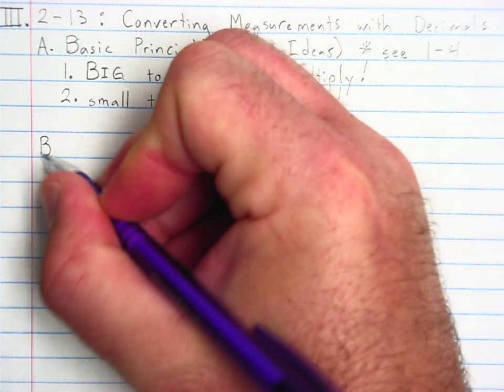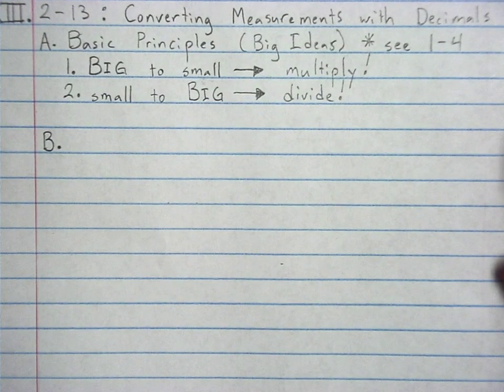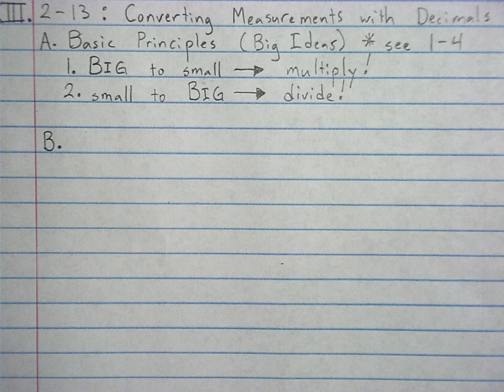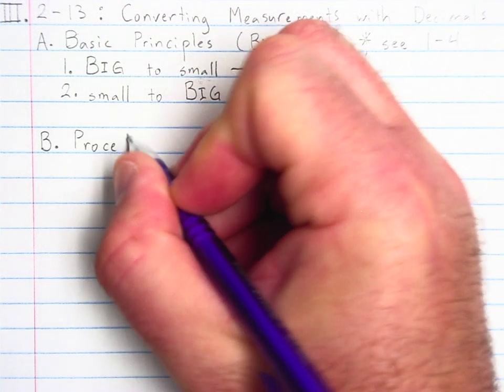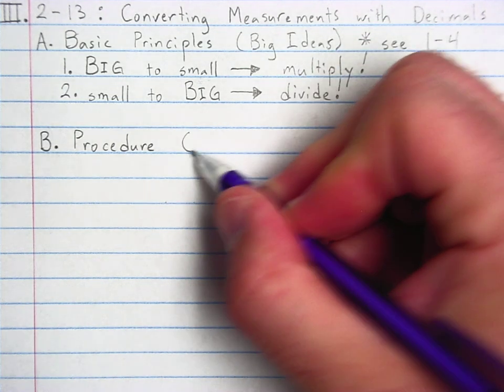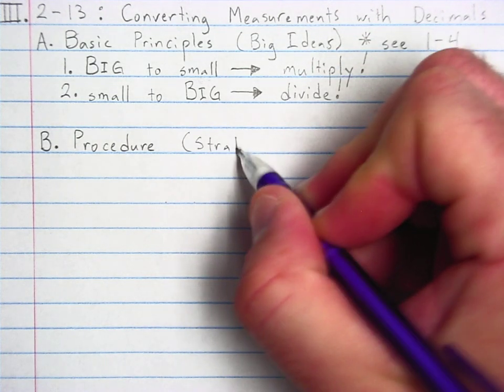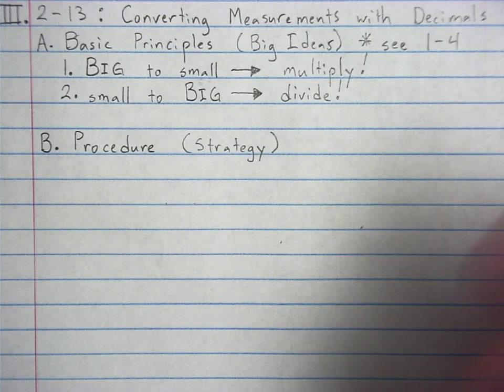Now, again, there's a little more information I gave you in lesson 1-4, but we're not going to go through that right now. Review that lesson if you need to. Always have your notes so you can look back. Okay. In the next section, let me show you a procedure, a new strategy maybe, that we can use for converting units of measure.